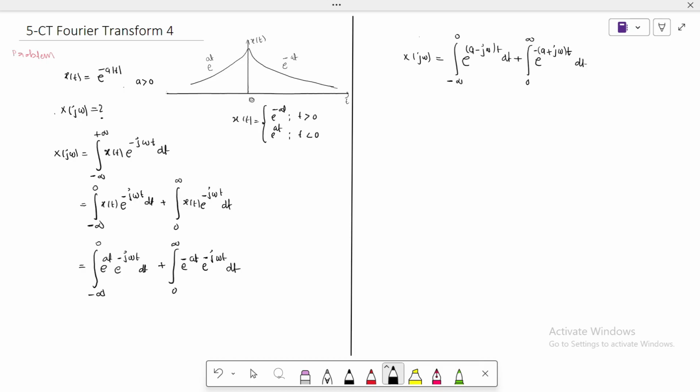Here t is common, so now apply the integration. You know the integration of e power ax is e power ax by a.